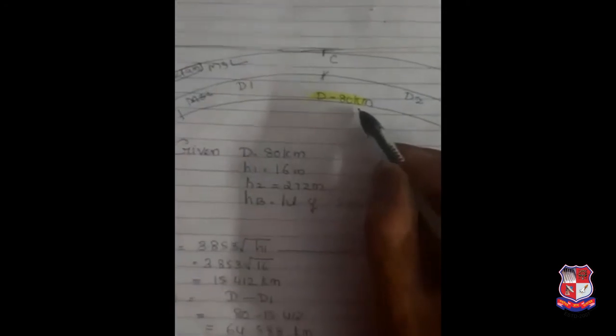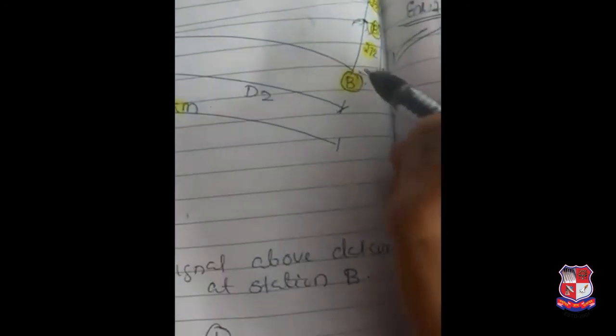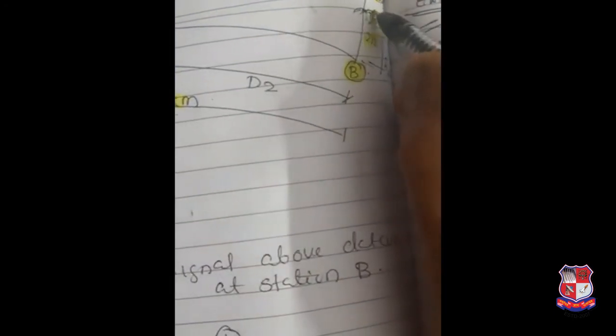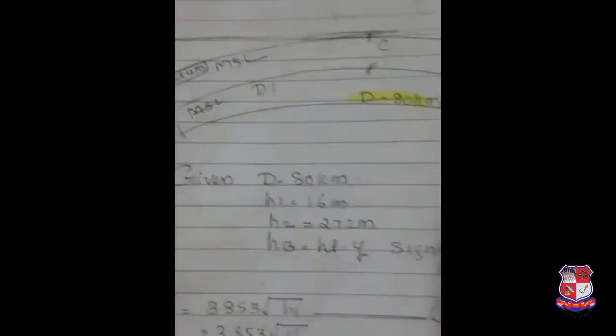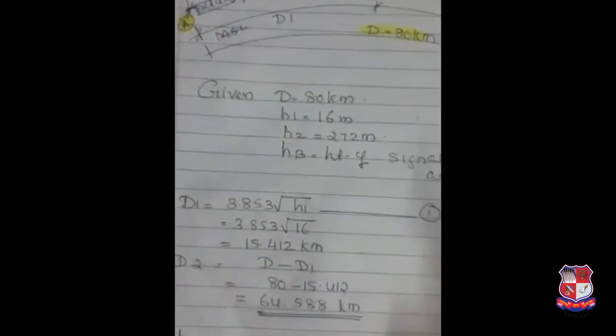This one is our mean sea level, and what is given here, the distance between point A and point B is 80, and the heights are given as 16 meters and 272 meters, from the mean sea level up to here. Then what else is given? Calculate the minimum height of signal at B so that these points are intervisible, so that A to B is visible. This is the question.